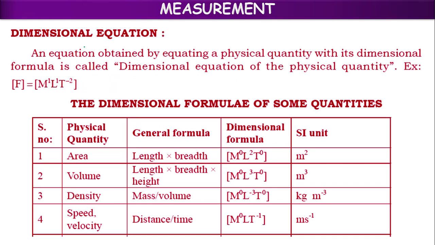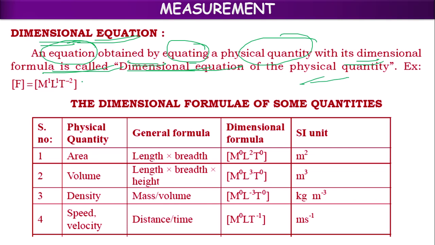Next, we have the dimensional equation. It is an equation obtained by equating a physical quantity with its dimensional formula. If we write only this part, it is called the dimensional formula.